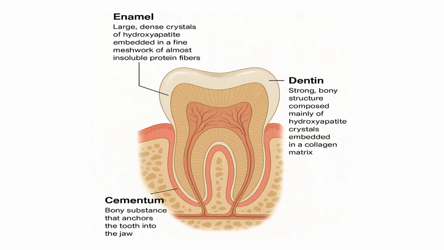This picture is showing all these three functional elements of the tooth: enamel, dentin, and cementum.